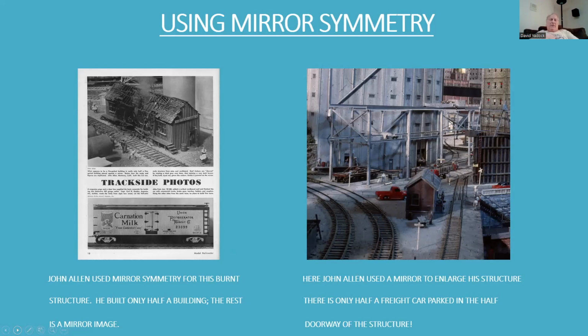In the left-hand image of the burning building, you can see that he only modeled half of that building. Like I mentioned earlier, you can use a light gray or white spray paint.